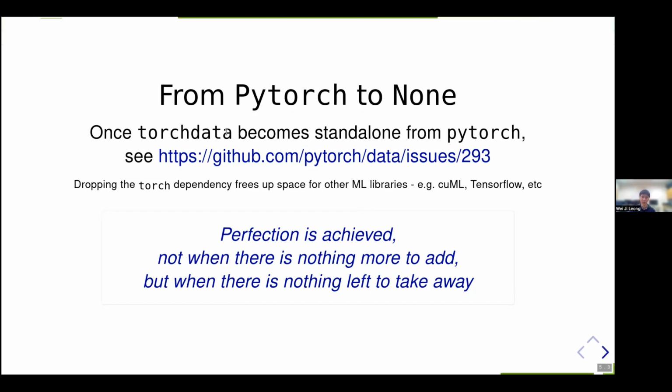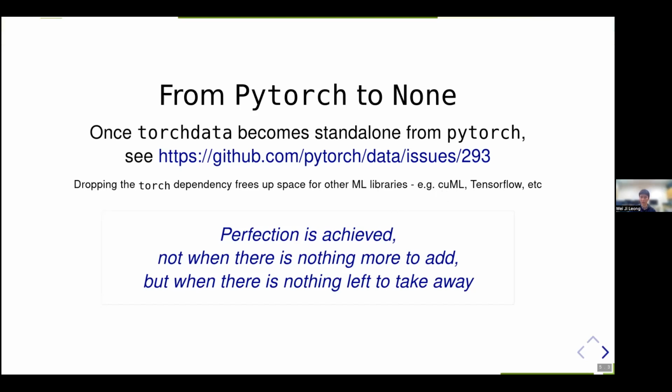So once that happens, we could potentially drop the PyTorch dependency, which is quite a heavy dependency, like a gig or so. And with that free space, you can then use other libraries such as the RAPIDS AI cuML libraries, or TensorFlow, JAX, etc.